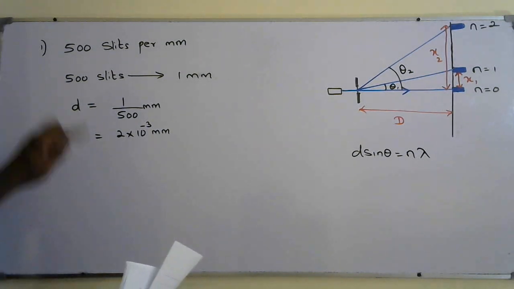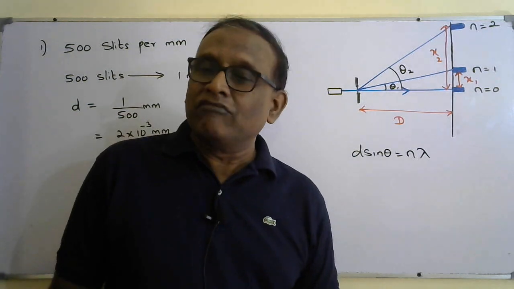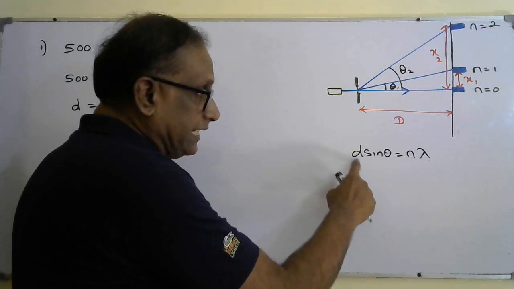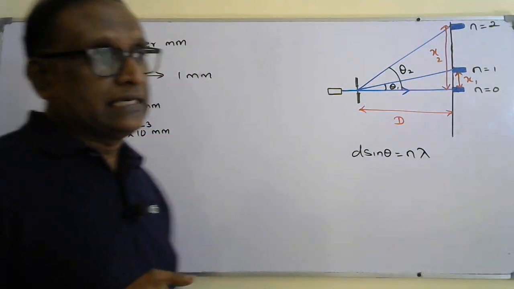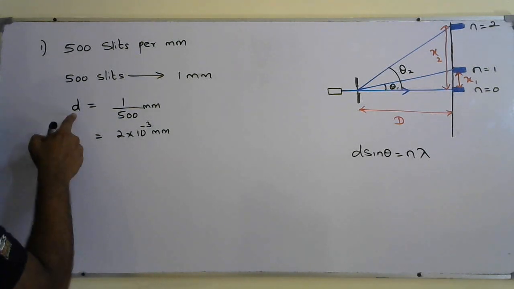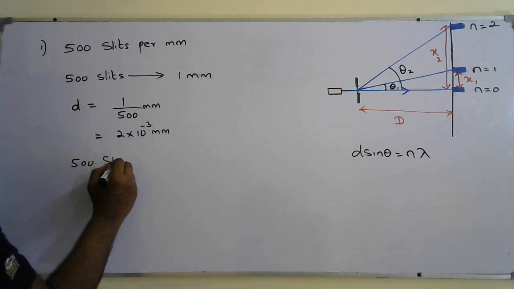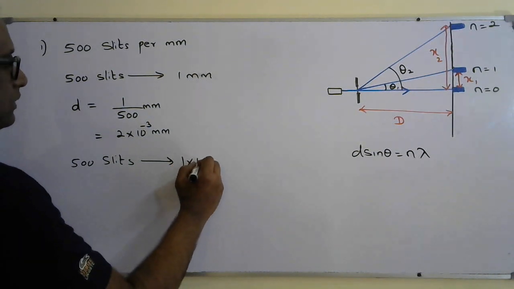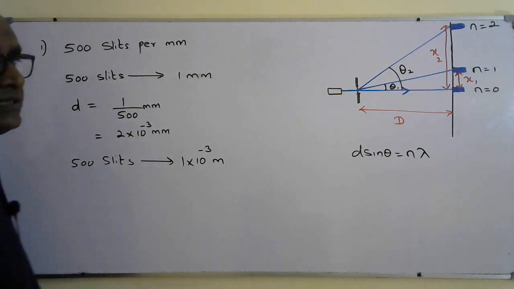Or you can find it in meters. Normally the question is based on meters, because normally the wavelength is given in meters in this equation. If lambda is given in meters, d should be in meters. The equation should be homogeneous. If I want to find d in meters, 500 slits are in 1 millimeter, which means 1 into 10 to the power minus 3 meter. 1 millimeter means 1 over 1000 meter.